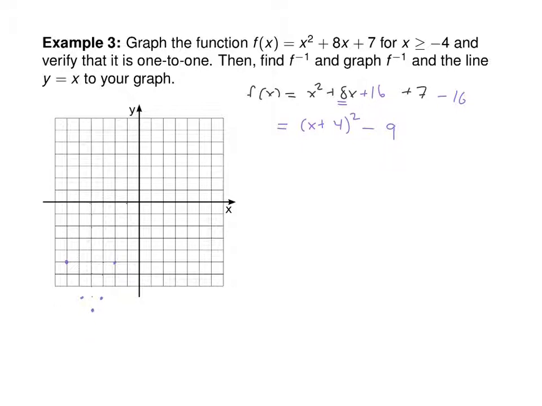You cross the y-axis when what's true about x? Equals 0. So when x equals 0, what number comes out of that equation? 7. If you put 0 into the one that's been completed, you'd have 16 minus 9. Does that make sense? Okay, so that would be 7.